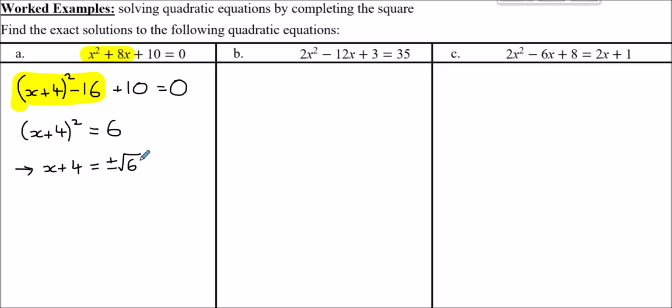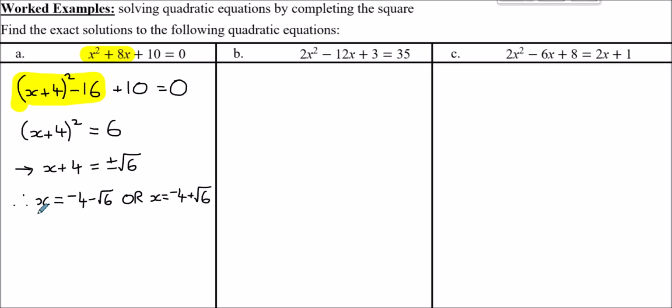We can't simplify this any further without it being an approximate decimal. So if we finally subtract 4 from both sides, we'll see that x is going to be either minus 4 minus root 6, or x is going to be minus 4 plus root 6.